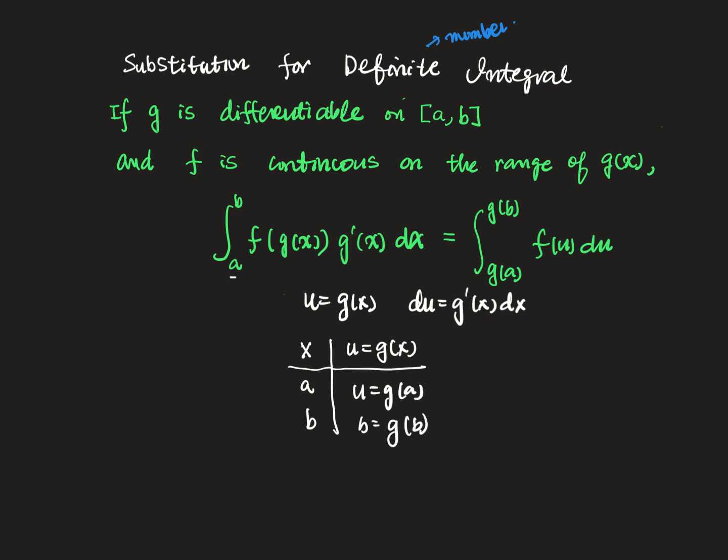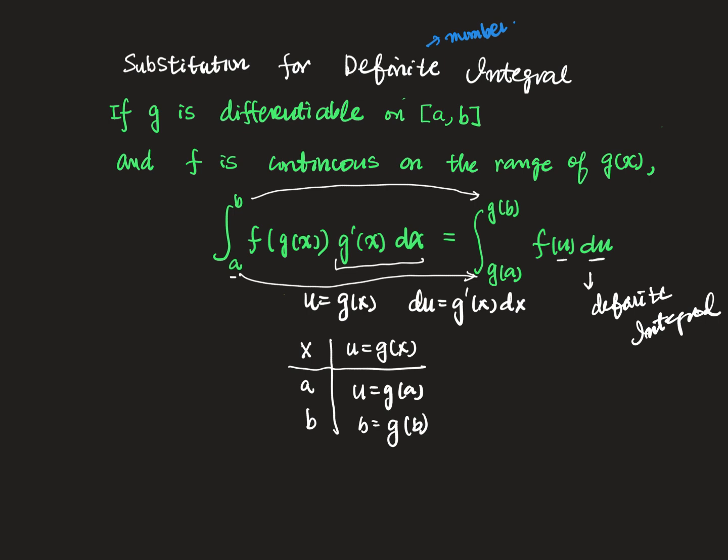Replace everything: f of g of x becomes f of u, and g prime of x dx becomes du. Then you find this definite integral. You don't have to go back to x when you do the definite integral.